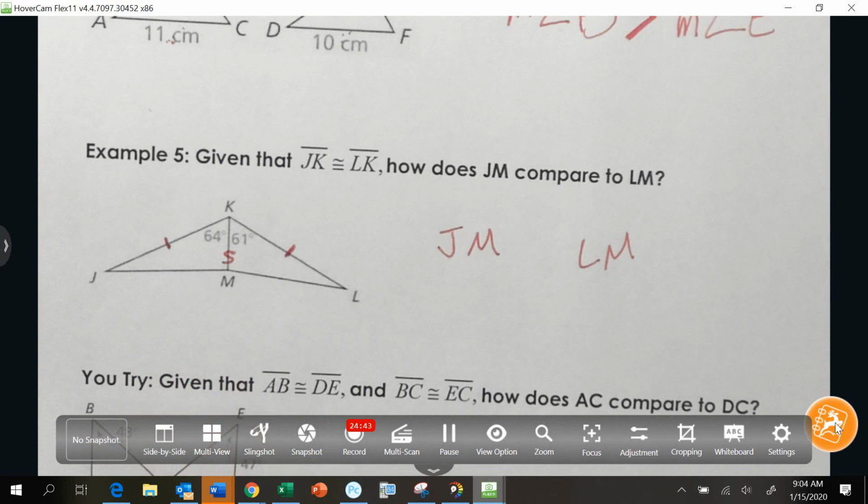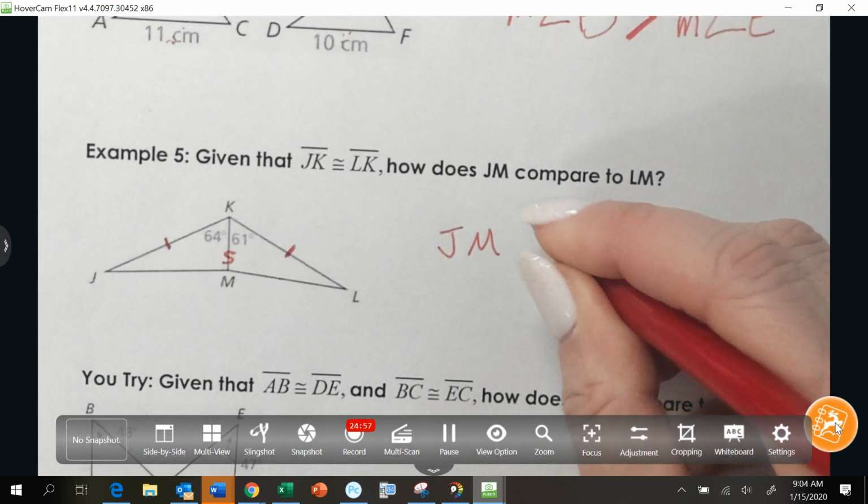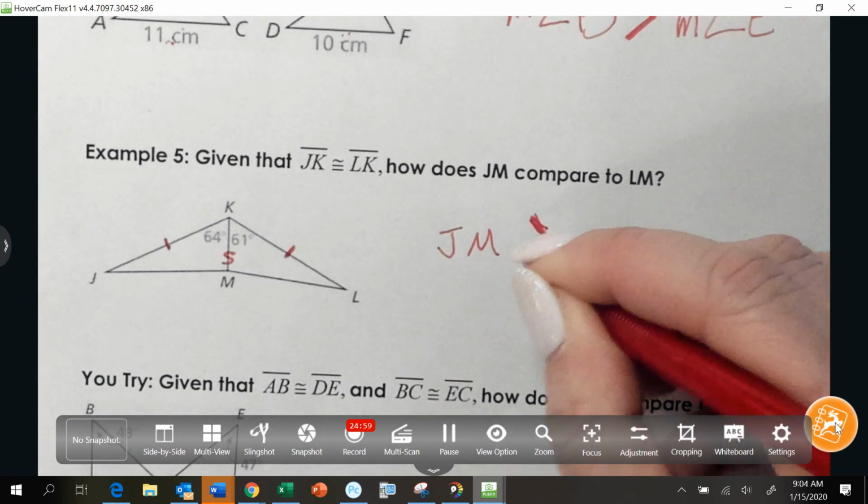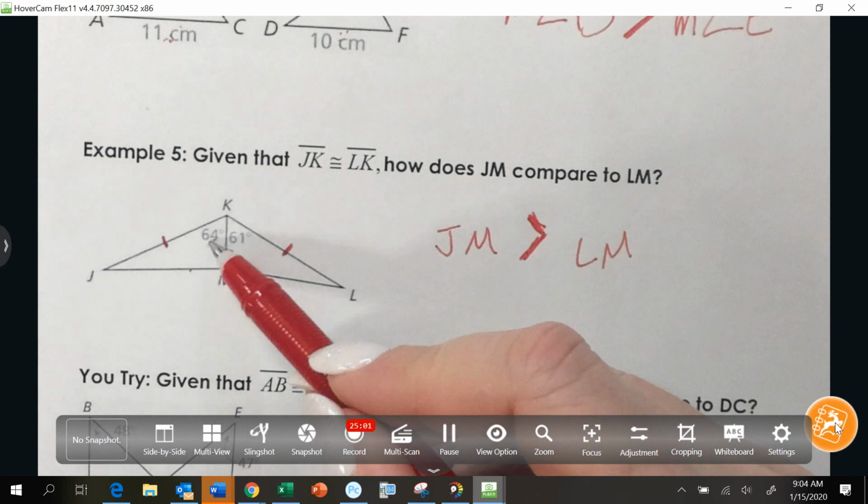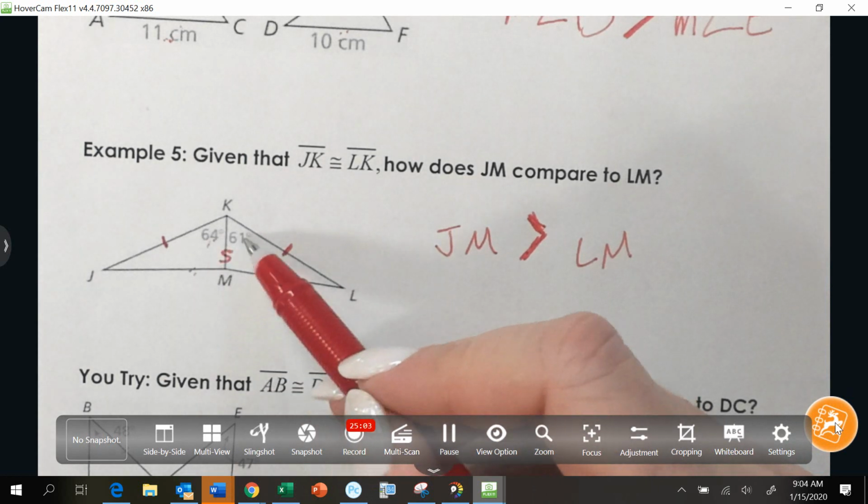Matthew, what do you think? Why? Because the opposite angle is larger. Yep, 64 is bigger than 61.